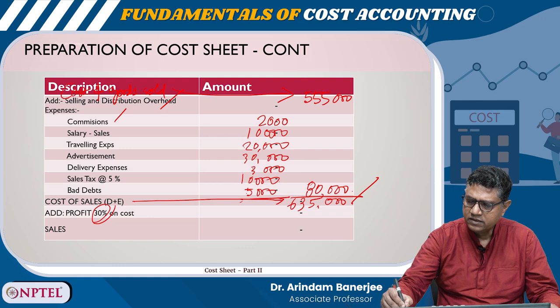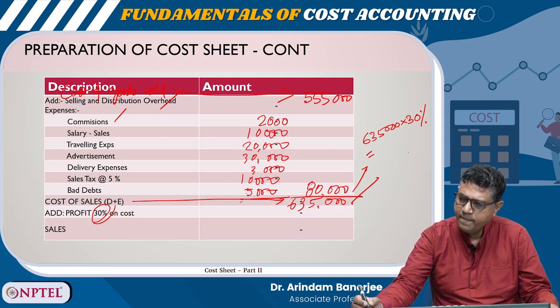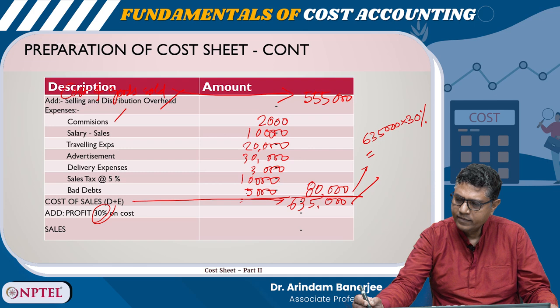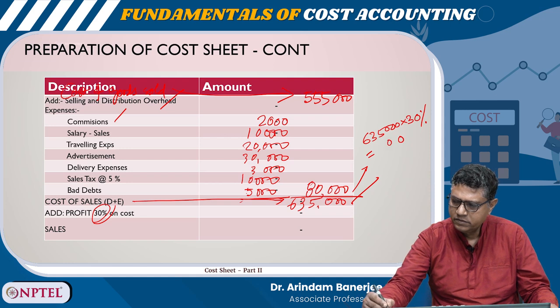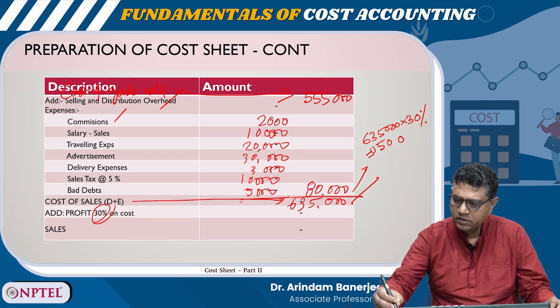On that I am taking 30% profit, right. So, I can calculate 6 lakh 35,000 into 30%. Let me do it like this.